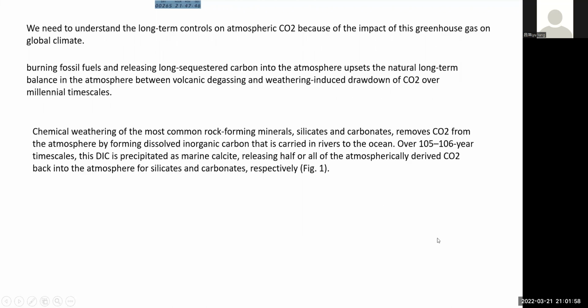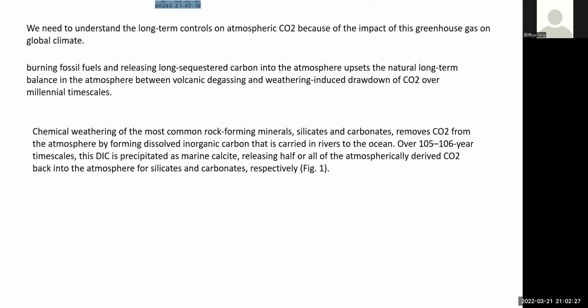So the importance of carbon sequestration is already known, because normally the carbon dioxide balance is maintained by two opposite processes. One is that carbon dioxide is released from the earth to the atmosphere by volcanic degassing, whereas by the different weathering processes, carbon dioxide is again sequestrated in the earth surface.